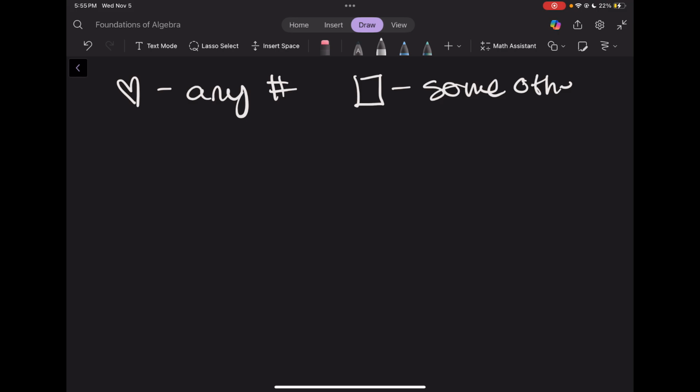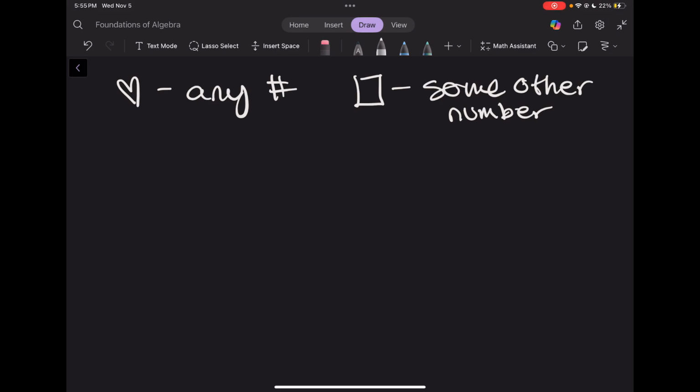So essentially, if I have any number, let heart represent any number. And let square represent some other number. This could be 1, 2, 3, 4, -1, anything that we want it to be, but we just don't know what it is.